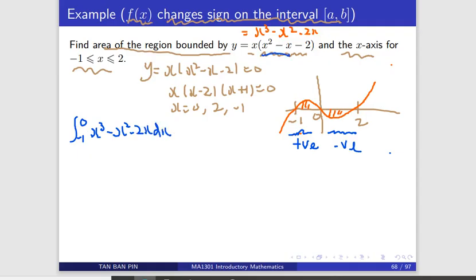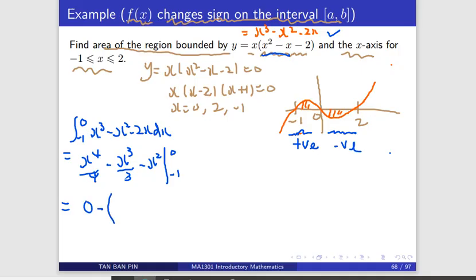After you expand this out, it's x cubed minus x squared minus 2x. Then integrating should give you x to the power 4 over 4 minus x cubed over 3 minus x squared. Then you sub in 0 and minus 1. You sub in 0, it should give you 0.